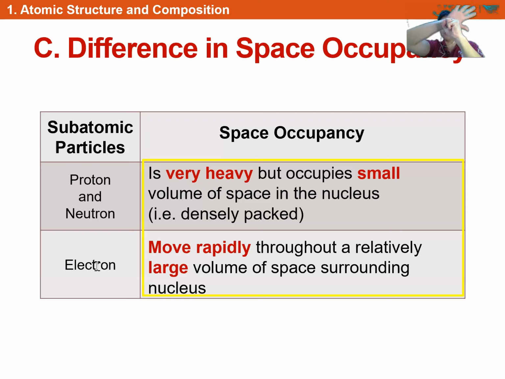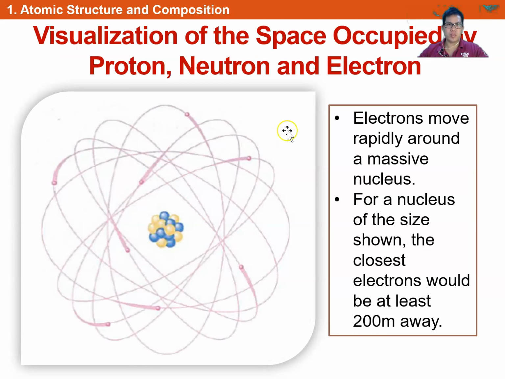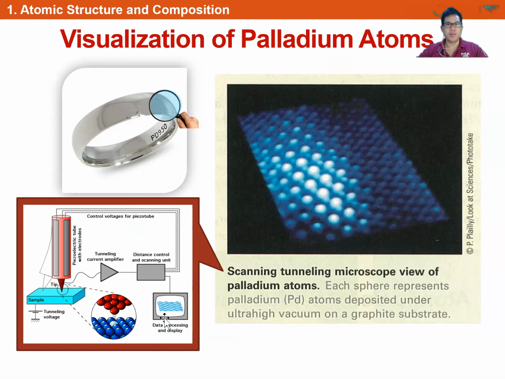Because of its lighter weight, it can do so, and it will occupy the space outside of the neutrons and protons. So you can see here the protons and neutrons at the core, with the electrons surrounding outside. This is the very basic but fundamental information about the atoms.